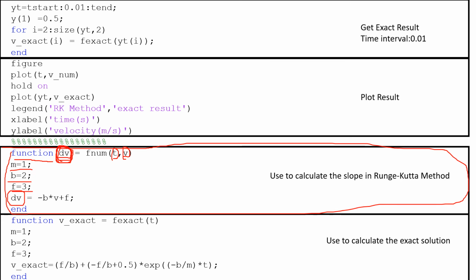Our equation, because m is 1 here, so I just replace this equation. Something is wrong. You should write something like negative b times v over m plus f over m.